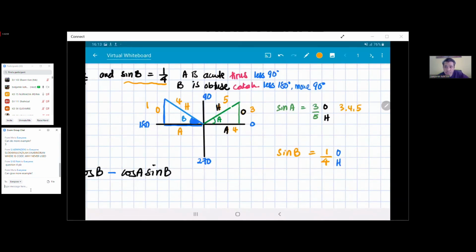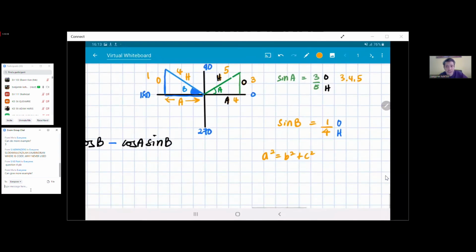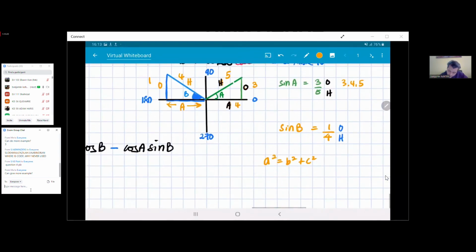Okay, right? All right, so now I can find this length, because you can use your Pythagoras formula. Remember your Pythagoras formula, A square equals B square plus C square. A is always the hypotenuse. So from the blue triangle, can you see now A is 4.